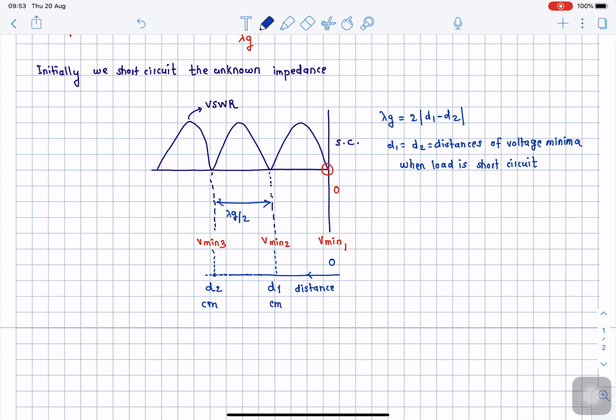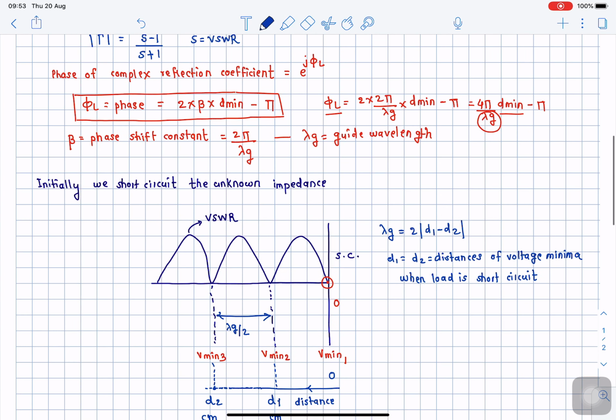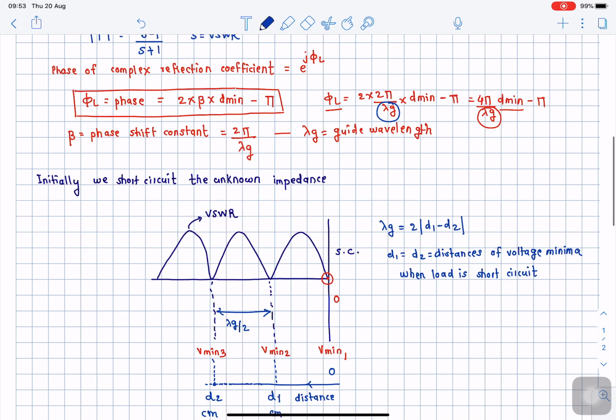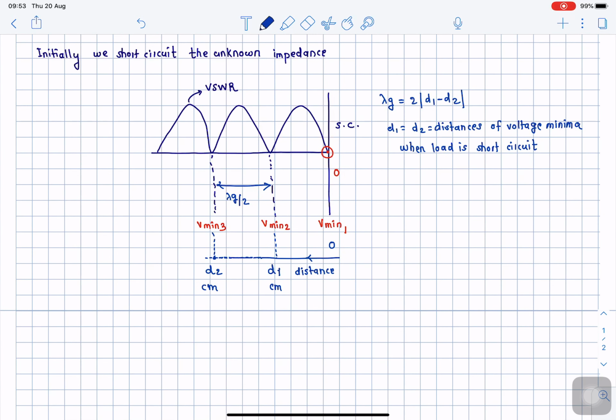So here we have got the value of lambda g. Now we want to find what is the value of d minimum. Now what we do is we will replace this short circuit with the actual load impedance.